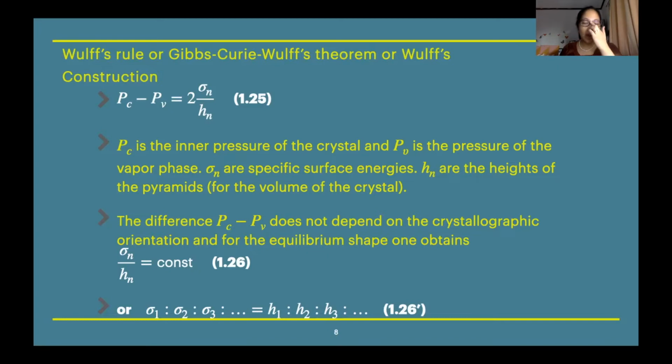This means that the height h sub 1 is proportional to sigma sub 1, the specific surface energy 1. The height h sub 2 is proportional to specific surface energy sigma sub 2. And the height h sub 3 is proportional to the specific surface energy sigma sub 3. That's equation 1.26 prime.